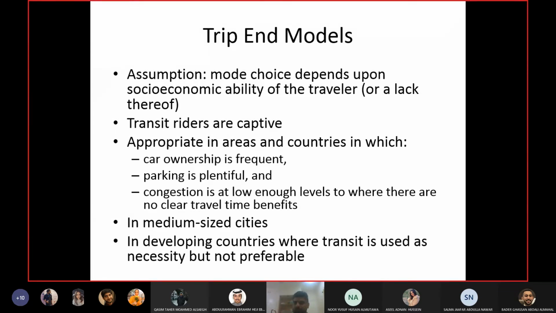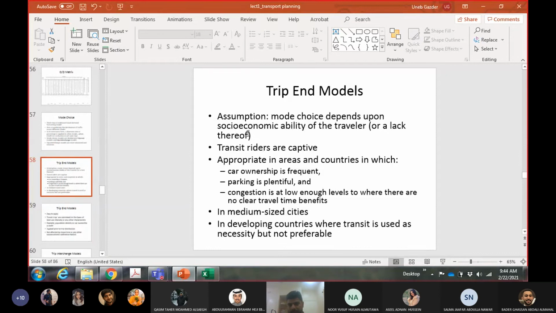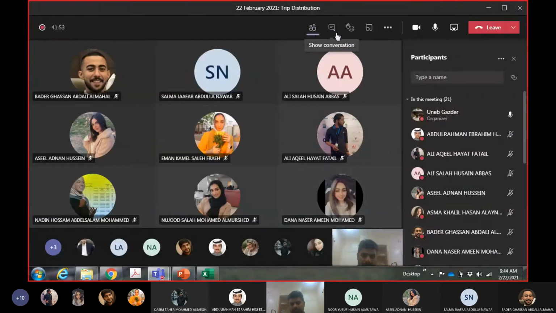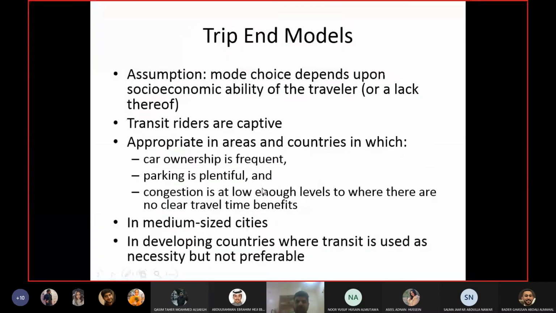So trip end models are what they call deterministic, fixed. Let me write the word here. Deterministic means something which is fixed. So trip end models tell you a fixed choice of the traveler.